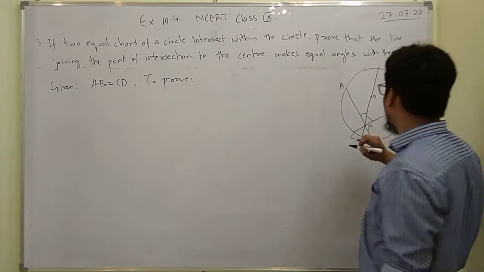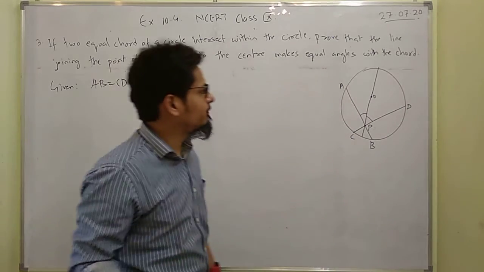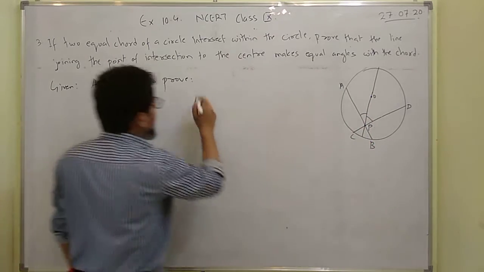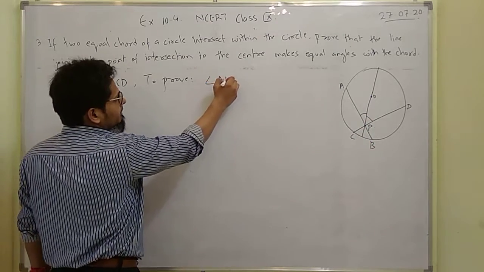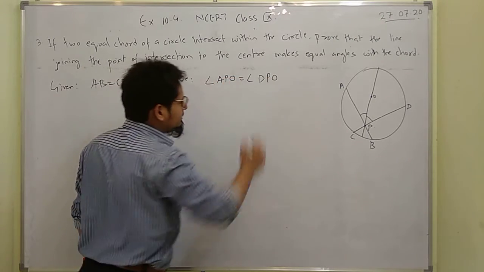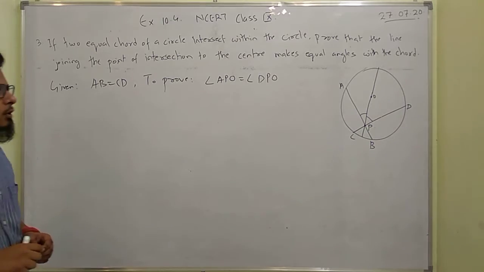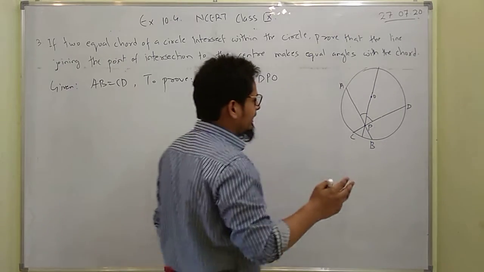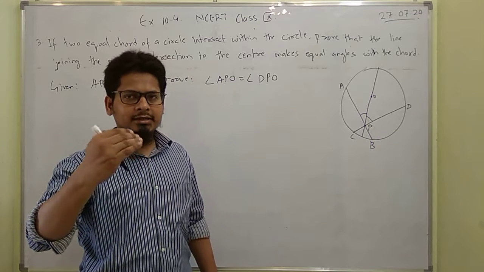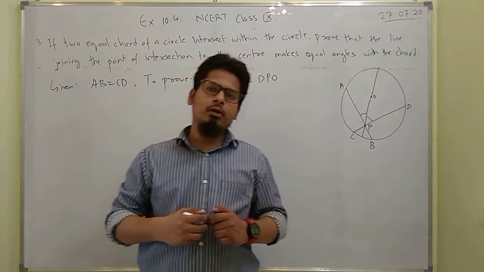So we have to prove that angle APO is equal to angle DPO. This thing we have to prove. Clear? Now what do we do? As the chords are equal, the distance from the center of the chords will also be equal.